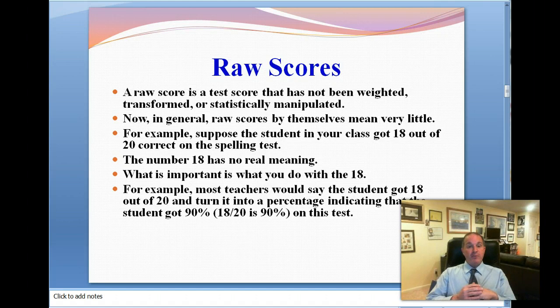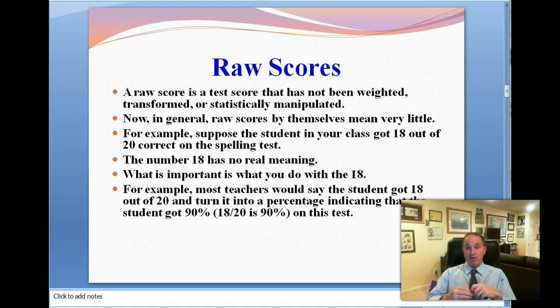So the first thing we always have to do is calculate the raw score of the child. How many words did the child read correctly? How many spelling words did the child spell correctly? How many math problems did the child answer correctly? So when you're administering an academic achievement test, the first thing you'll often have to do is calculate the raw score. But those raw scores by themselves don't tell us very much.